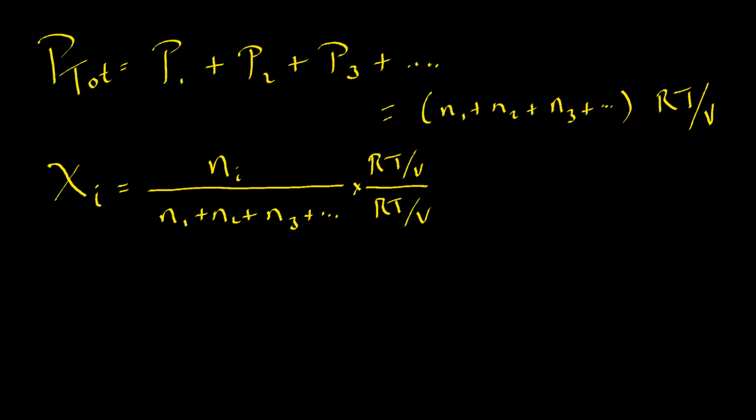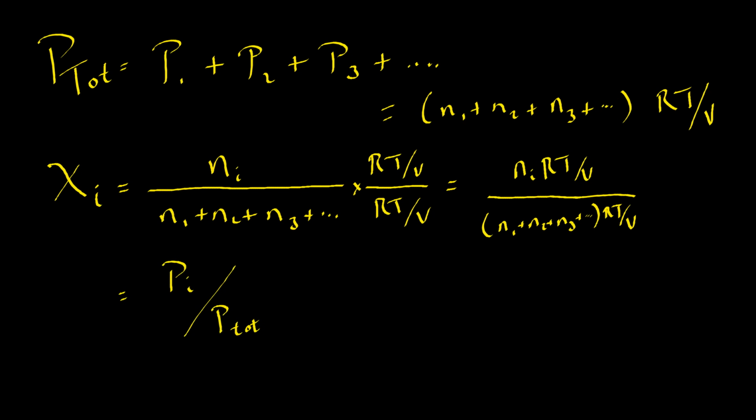And if it gets you something interesting as a result, then hooray! When we do that, we have nRT over V on the top and the sum of the moles times RT over V on the bottom, or just the partial pressure for whatever substance you're talking about divided by the total pressure.